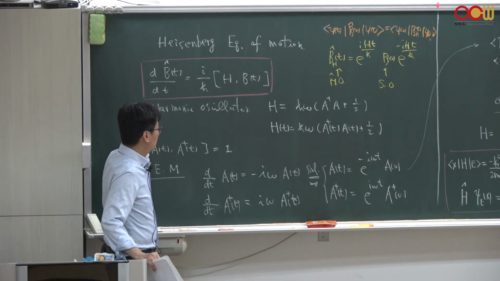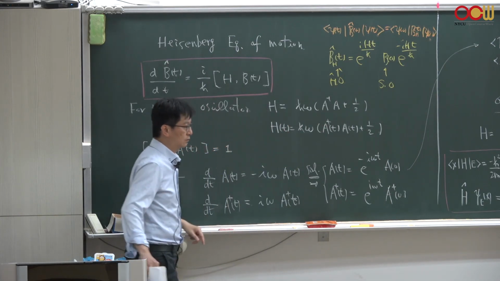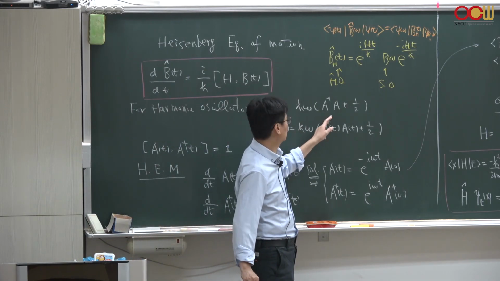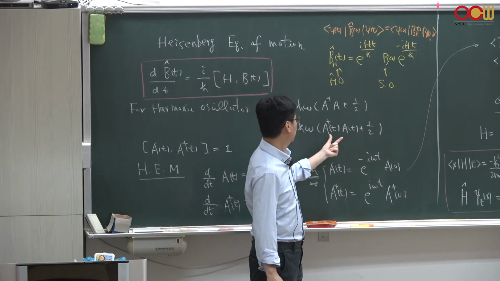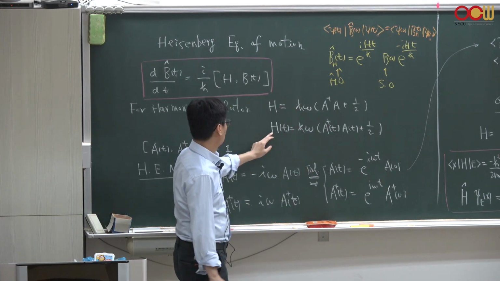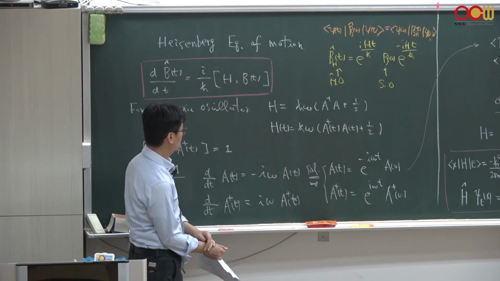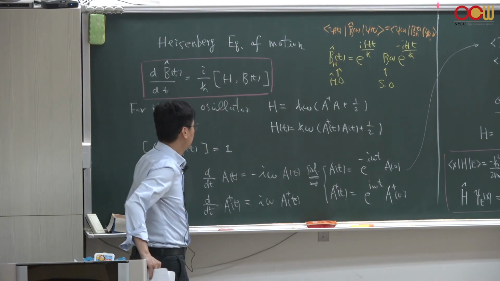For example, in this harmonic oscillator problem, we have this Hamiltonian, but we could define the operator in the Heisenberg picture, so that A and A dagger carry the time dependence. The Hamiltonian itself is, of course, in the Heisenberg representation of an operator.